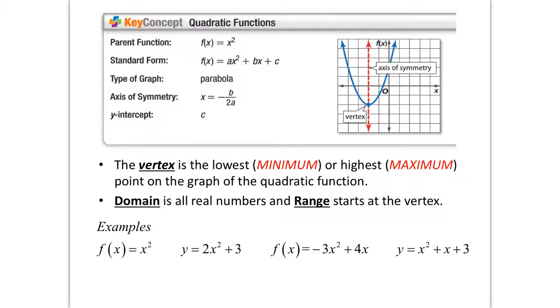You can have f of x equals negative 3x squared plus 4x. There's no c value. The constant will be missing. Or you guys can have y equals x squared plus x plus 3, where you have the a, the b, and the c. So it depends how the actual equation looks like, but the shape will be a U shape, and it's going to have a vertex and an axis of symmetry.